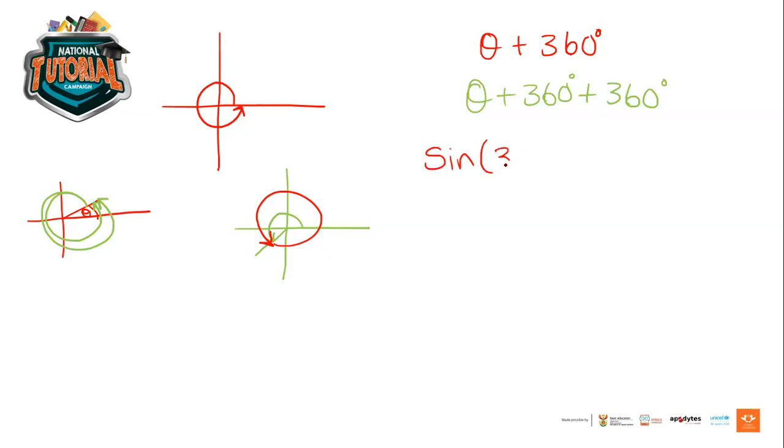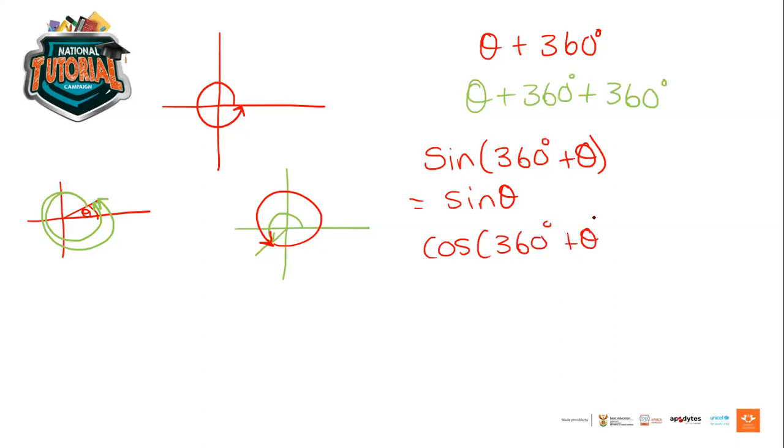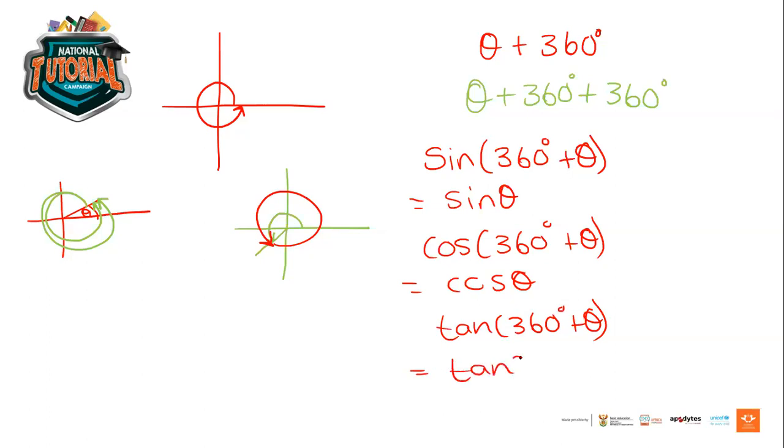So if I have sine of 360 degrees plus theta, it's exactly the same as sine of theta. If I have cos of 360 degrees plus theta, it's exactly the same as cos of theta. And if I have tan of 360 degrees plus theta, it's exactly the same as tan of theta.